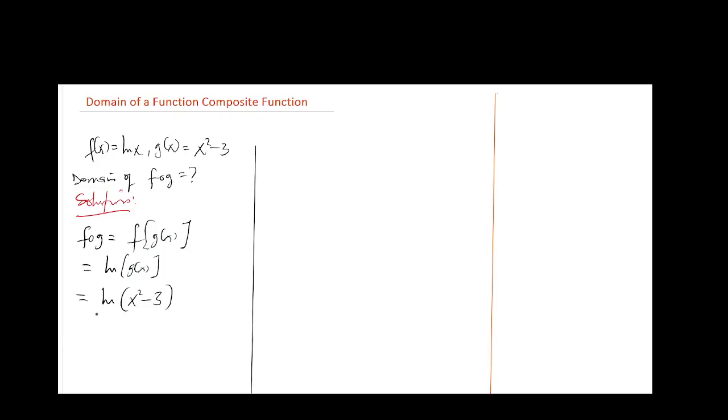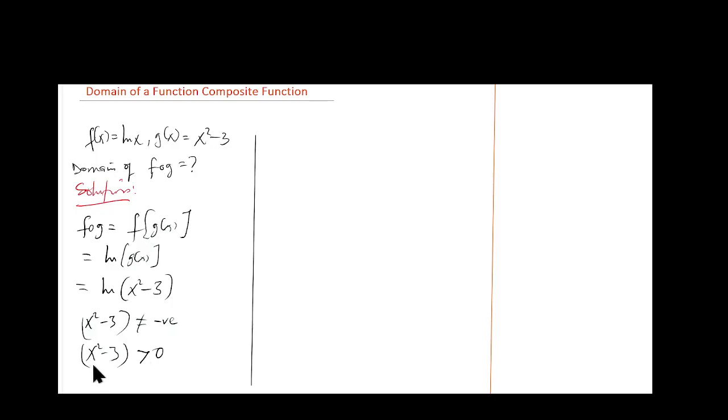When it comes to logarithm, one of those restrictions is that you cannot take the logarithm of a negative value, meaning that our x squared minus 3 cannot be negative. It must be greater than 0.